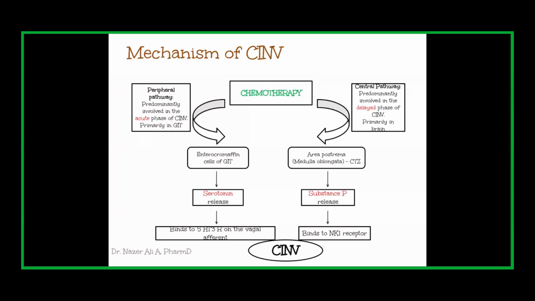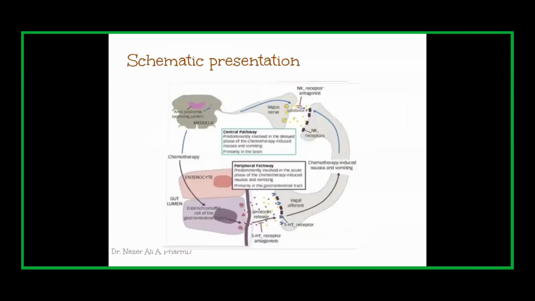And regarding the central pathway, which is predominantly involved in the delayed phase, it is primarily in the brain. There, in the area of the chemoreceptor trigger zone, that is the area postrema, there will be a release of substance P. This substance P will bind to the neurokinin 1 receptor, which will cause nausea and vomiting. You can appreciate this from these images.